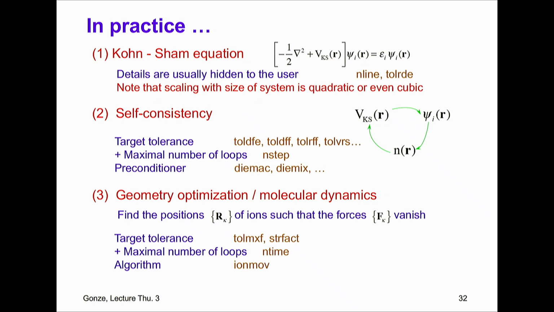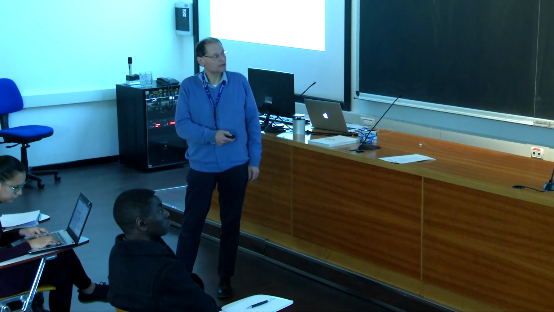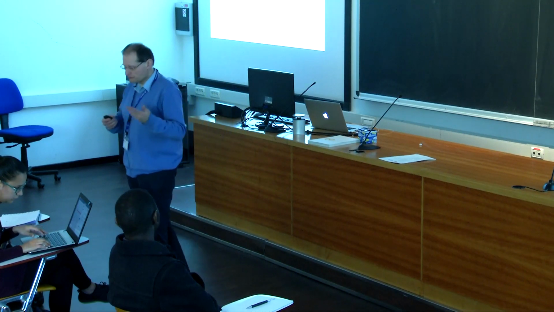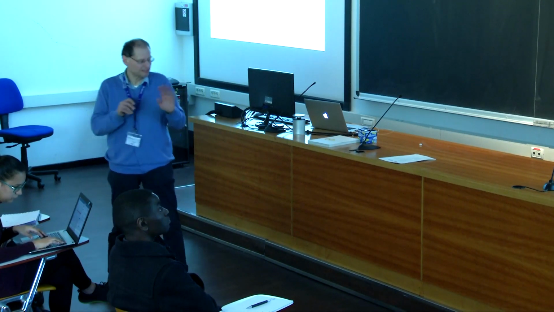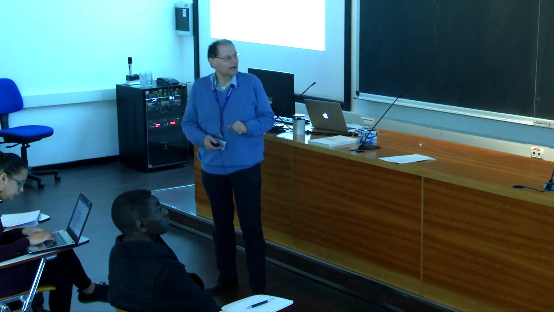Finally, to finish this basics tour of ABINIT input variables, one has to specify the input variables linked to the algorithms themselves, which means how to solve the quantum equation. Usually these details are hidden from the user. There are many default values that you might completely ignore in ABINIT.